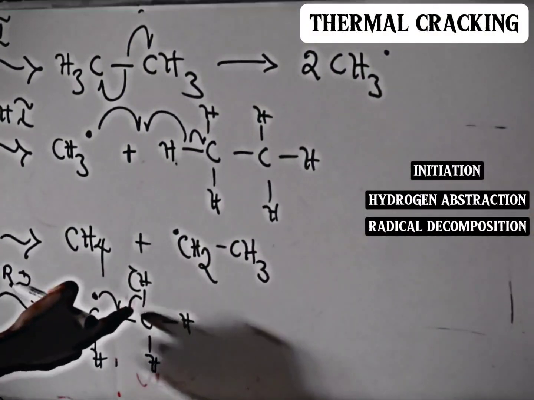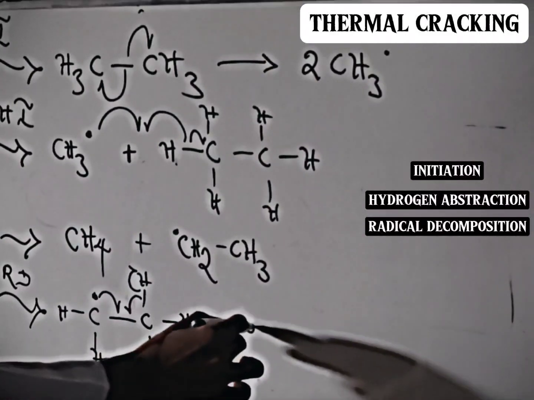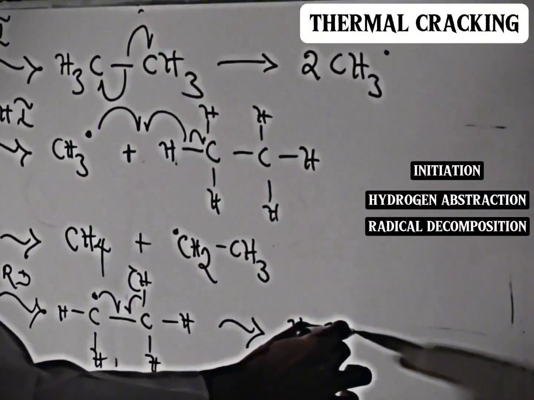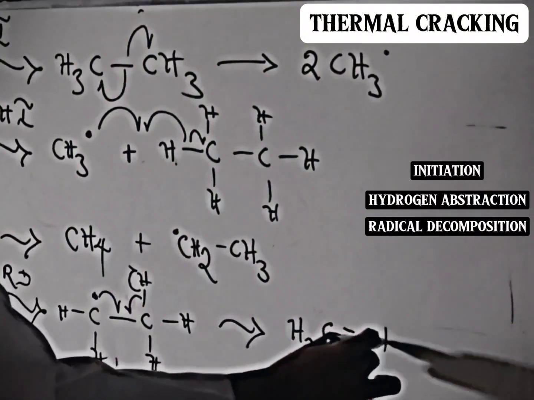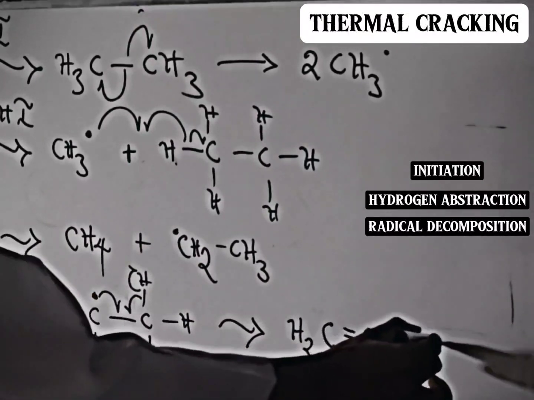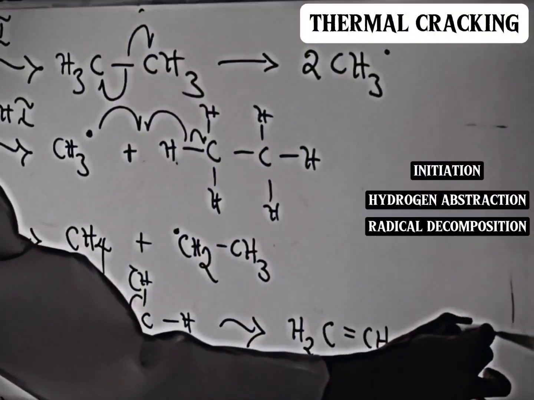So it means that we're going to have a double bond here while the hydrogen radical is being formed. So the product is going to be H2C double bond CH2, along with a hydrogen radical here.